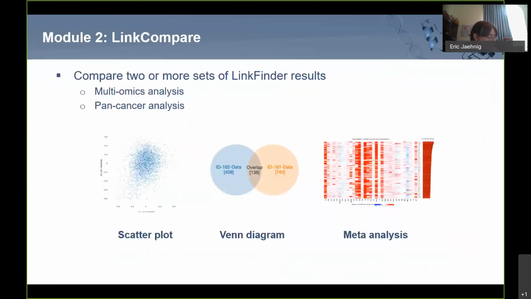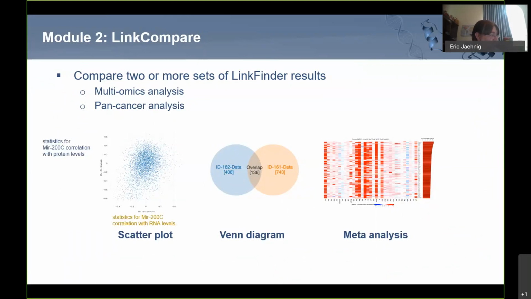The second module is the Link Compare module. Link Compare allows you to compare the results of multiple compatible Link Finder queries, enabling multi-omics analysis within the same cancer cohort or pan-cancer analysis across different cancer types.